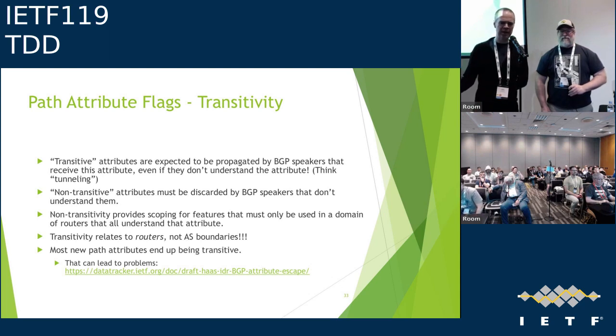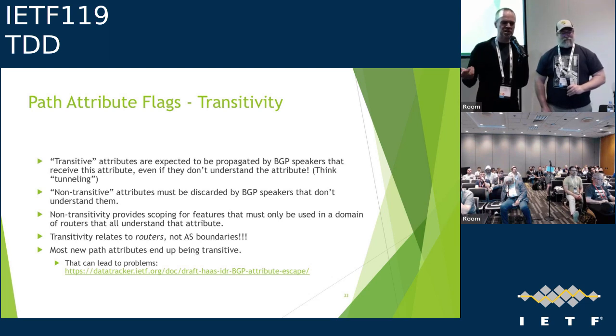If a path attribute is non-transitive, that means that the router that receives it had better be able to decode it and understand it. And if it does, then it'll do whatever the specification says it's supposed to do, including, by the way, transiting it. But that's sort of semantically regenerating the attribute, not passing it through.